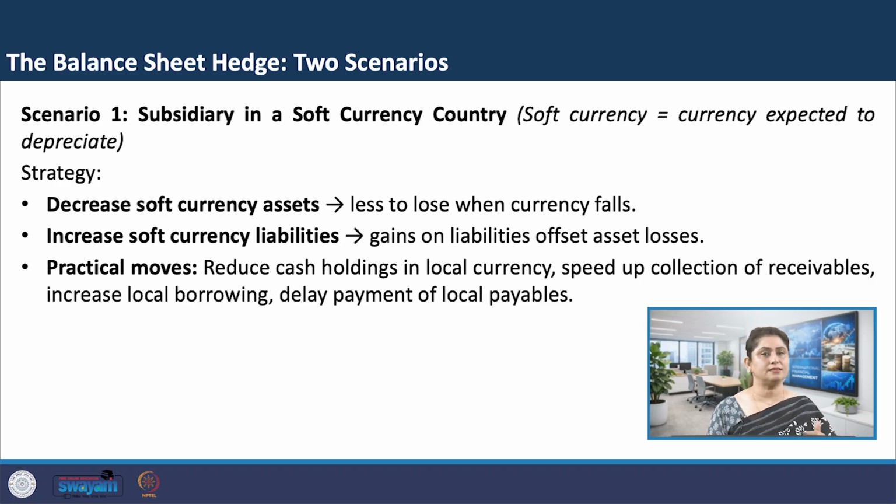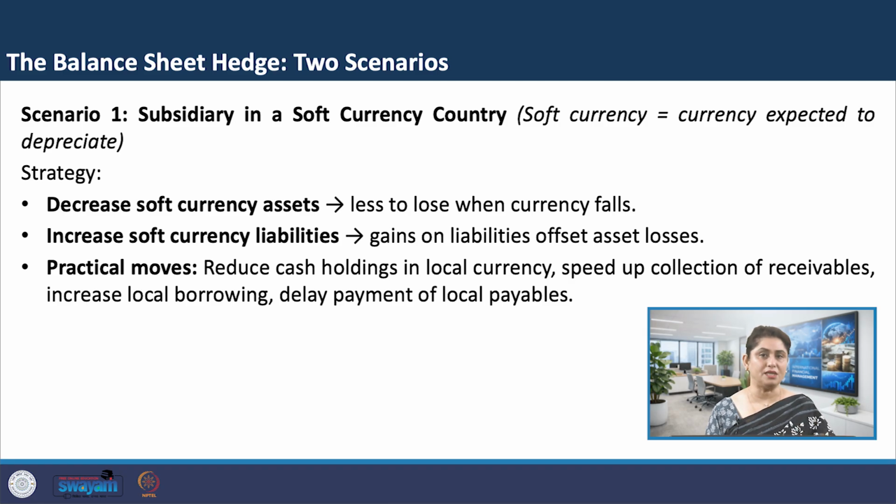The assets held in that currency will translate to fewer home currency units over time. The subsidiary's contribution to the consolidated net worth will shrink. In this scenario, the balance sheet hedge strategy is to decrease soft currency assets, because a smaller asset base in a depreciating currency means less to lose when conversion happens.